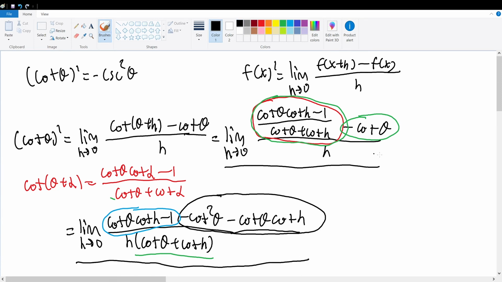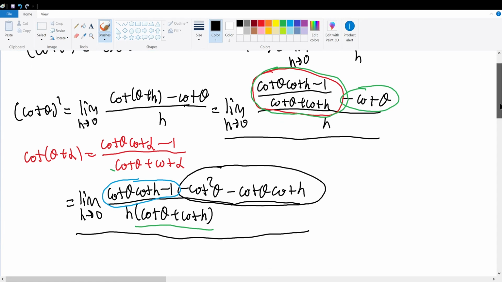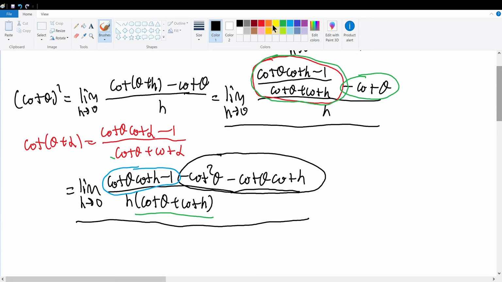And what I can now do is further simplify our numerator because we have two like terms. Those two terms are the cotangent theta times cotangent h right here and negative cotangent theta times cotangent h right here.